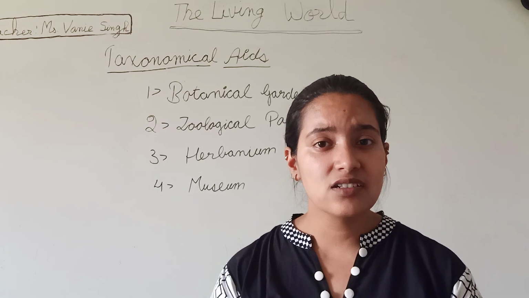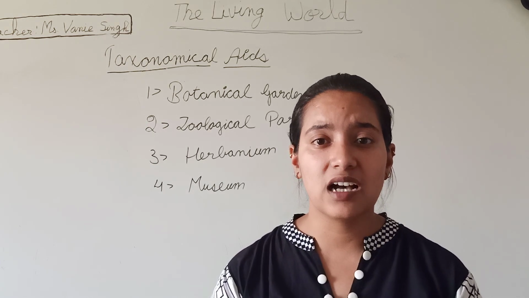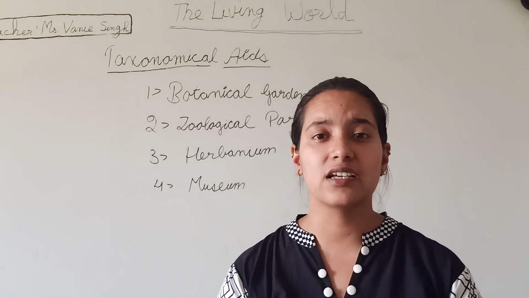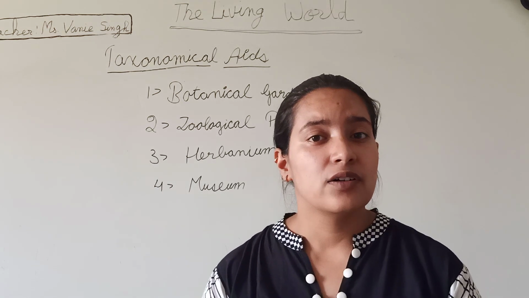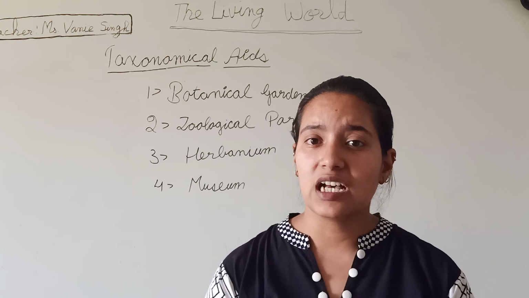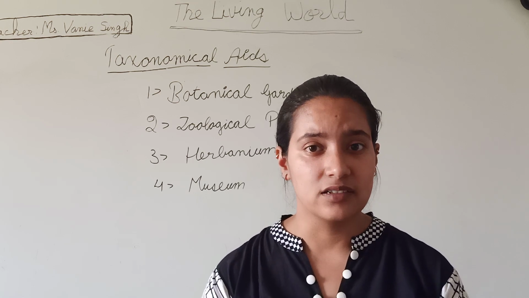The largest botanical garden is the Indian Botanical Garden. It is the first botanical garden in India, or we can say in the world. The Indian Botanical Garden's name has been changed to Acharya Jagadish Chandra Bose Botanical Garden.